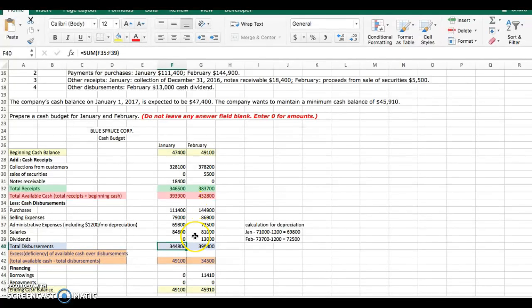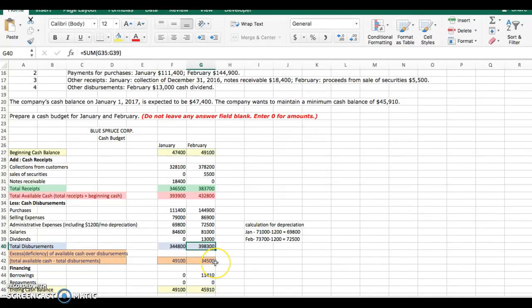You subtract out all of your disbursements, and that gives you a total of $398,300. And then you solve for your excess, which is your total available cash, $432,800, minus your total disbursements, $398,300, gives you a total of $34,500.